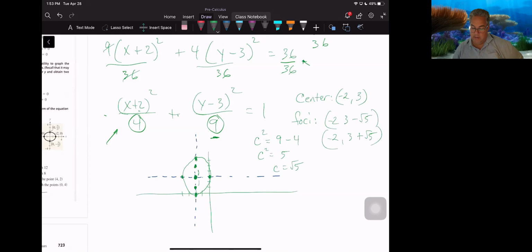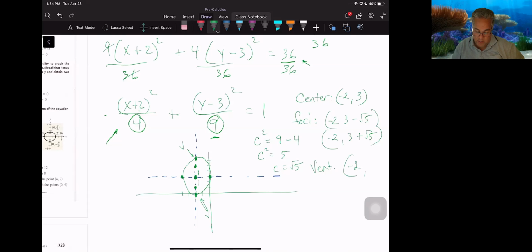Now we like to list the vertices. And if you notice, there's 4 of them. But we only list the pair of vertices along the major axis. So in this case, we list that one and that one. Those are my vertices. So in this case, it's going to be -2. And now I have to move up. How far did it go up? 3 away from 3.